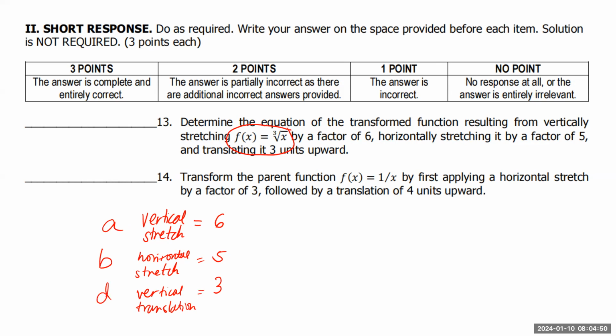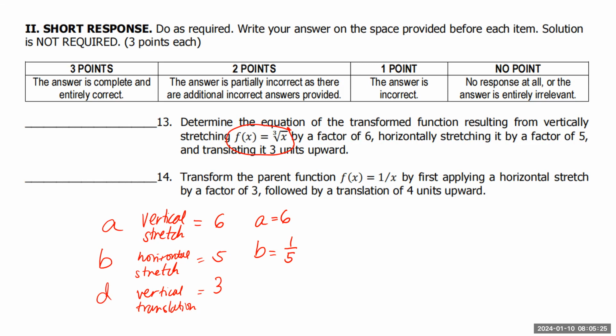Okay, so again, this is our parent function. So paano natin yan isusulat? So let's get the values of A, B, and D respectively. So since vertical stretch siya, so A equals 6 automatically. Okay? Then for B, since we have horizontal stretch and 5 is our scale factor, therefore B is the reciprocal of 5. So that is 1 over 5.